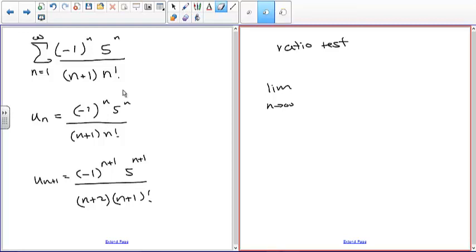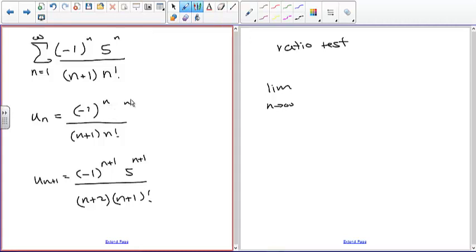I knew I was missing something. So let's say we have x to the n here instead of 5 to the n. We could have a 2 to the n down here. So you'd have x to the n and a 2 to the n. So let's go ahead and fix that. So this would become x, and this would become 2 to the n plus 1.